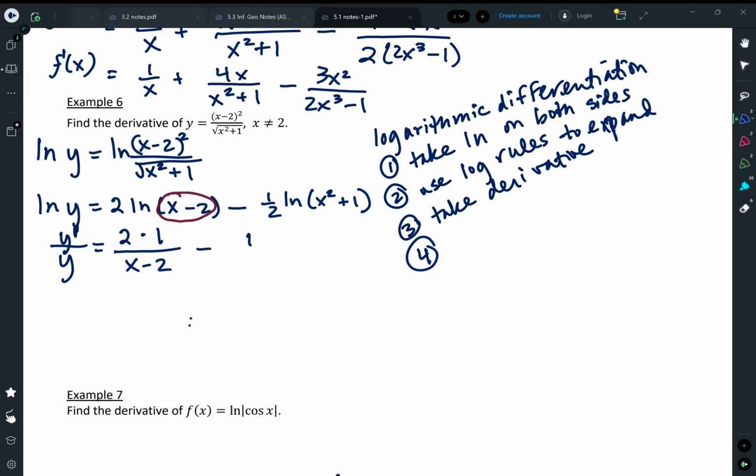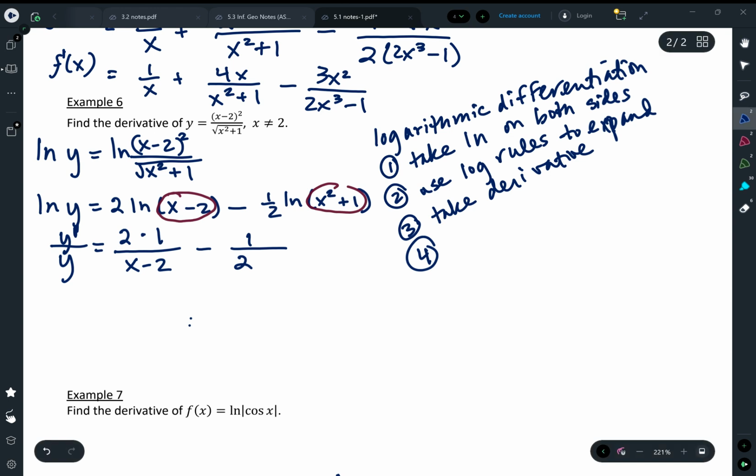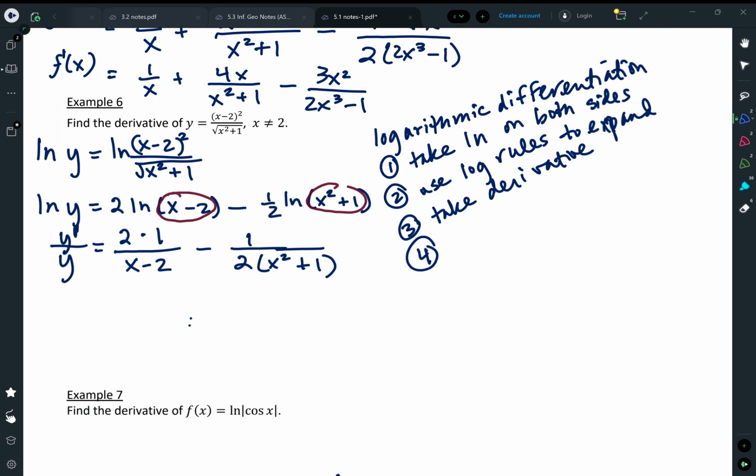Minus, the next one I have the 1/2. I'm taking the natural log of an x squared plus 1. So that means the x squared plus 1 is going to go in the denominator. When I take a derivative of natural log, it's like 1 over the x squared plus 1. And then my numerator is the derivative of x squared plus 1. So that is going to be a chain rule. The derivative of x squared plus 1 is a 2x.